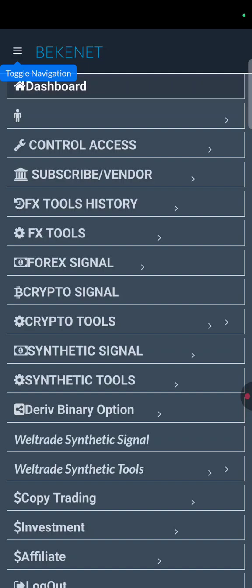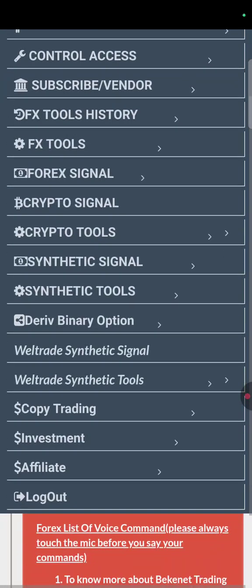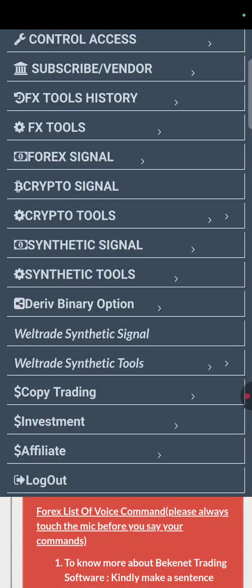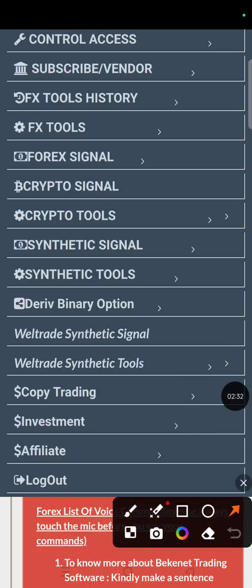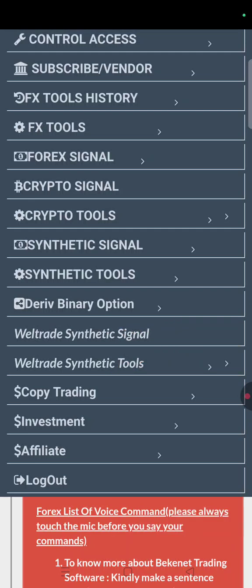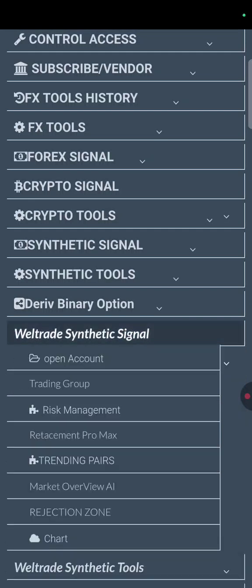So I'll be going into World Trade Synthetic. Today is Saturday, the 27th of September. So this is World Trade Synthetic. So this World Trade Synthetic signal, then World Trade Synthetic tools. What I'm looking for is actually on World Trade Synthetic signal.